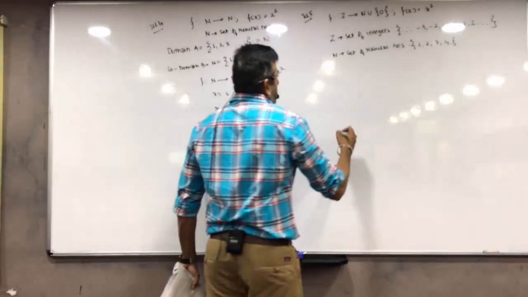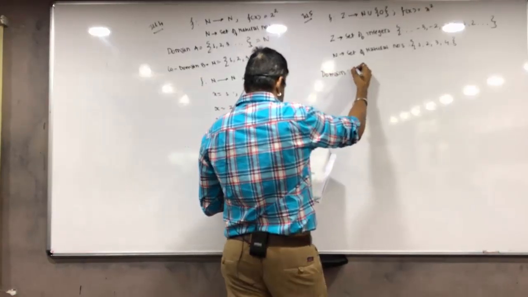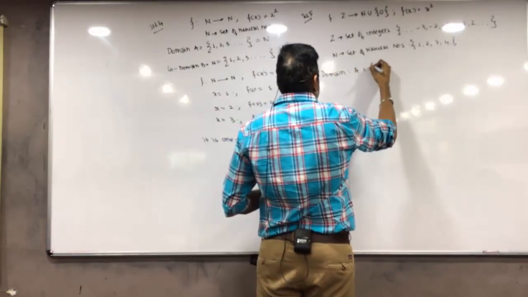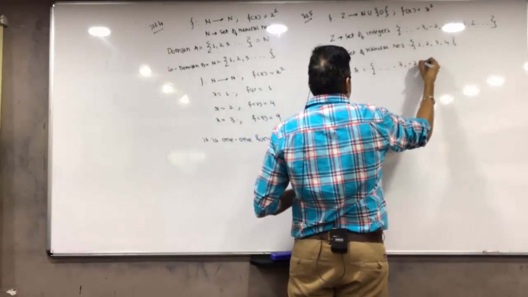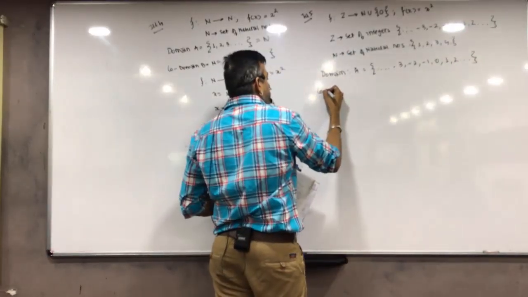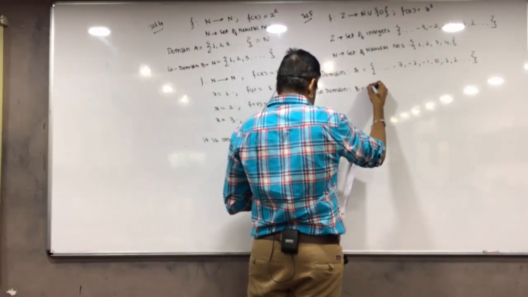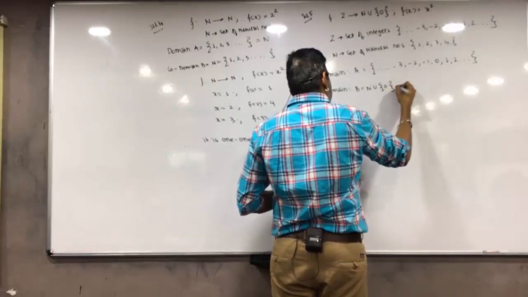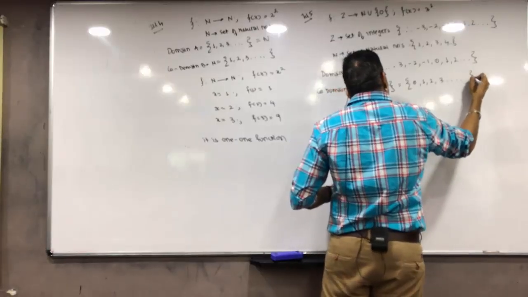Now, domain A is equal to, say, minus 3, minus 2, minus 1, 0, 1, 2. Codomain B is N union 0, which is equal to 0, 1, 2, 3. You understood this?